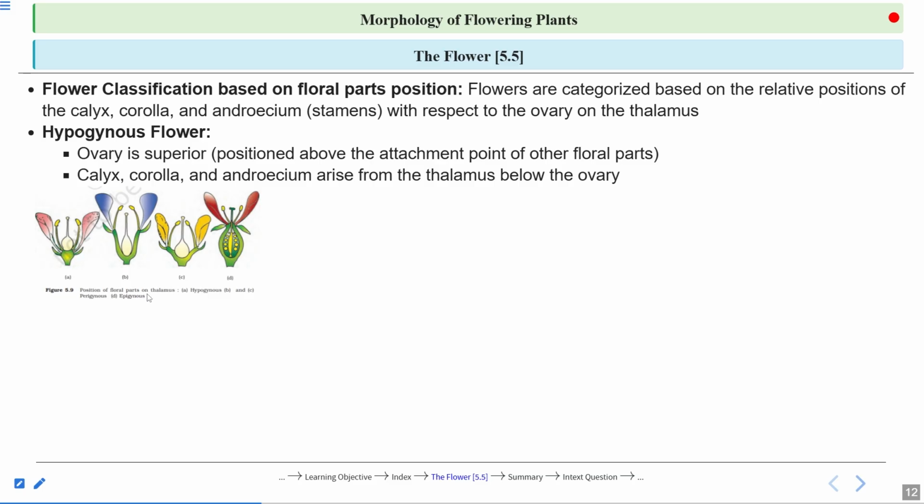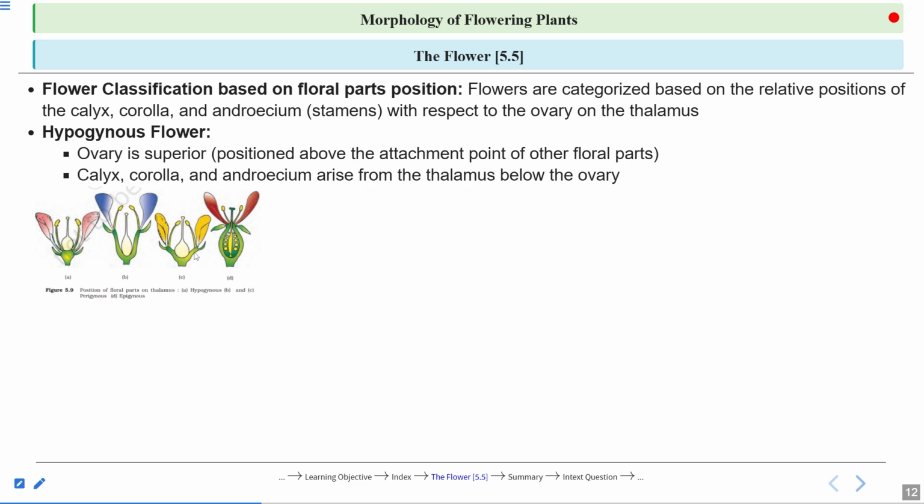And here, what do you see? The rim of the thalamus grows a little upward, and here you see the ovary going downward. What about this one? It is somewhat rising here.